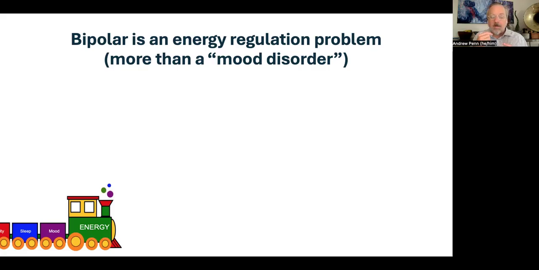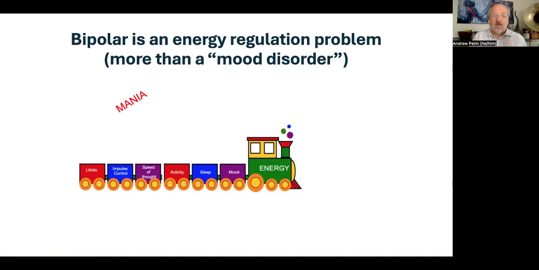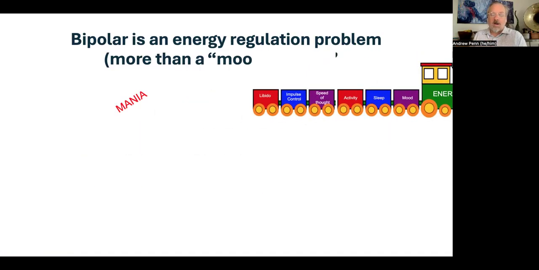I often talk with patients and with colleagues about the idea that bipolar disorder is less of a mood disorder. We categorize it in the DSM as a mood disorder, but really, when you break it down to its phenomenology, it's a dysregulation of energy. So when people have a lot of energy, you can think of this as this sort of train car here, right? And so when the energy is going up, all these other associated boxcars, if you will, of symptoms are going to go along with it.